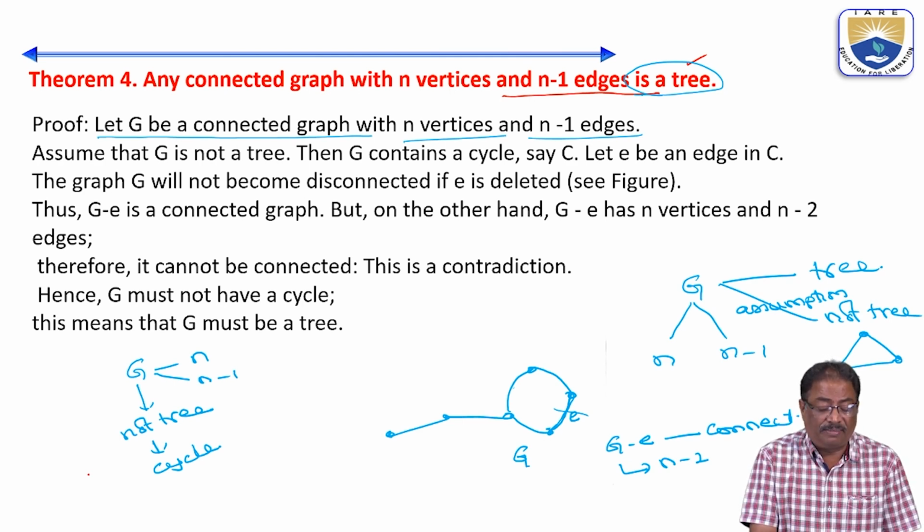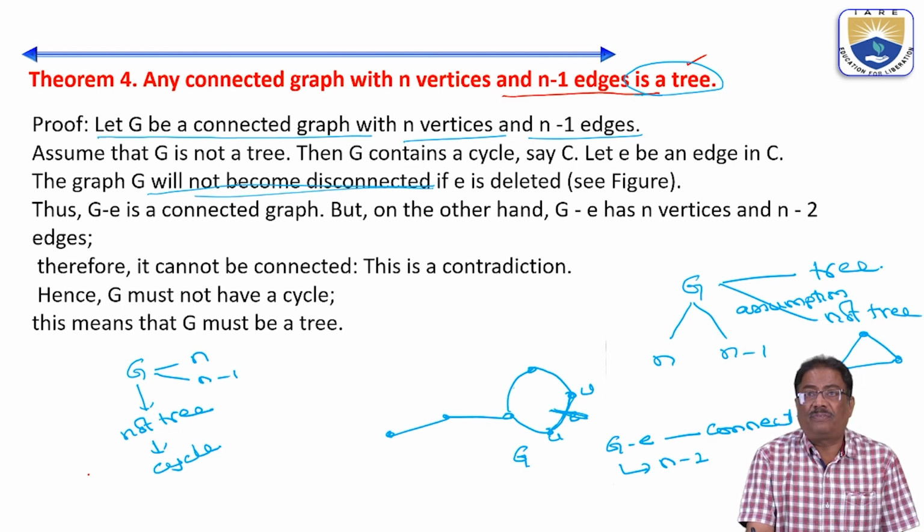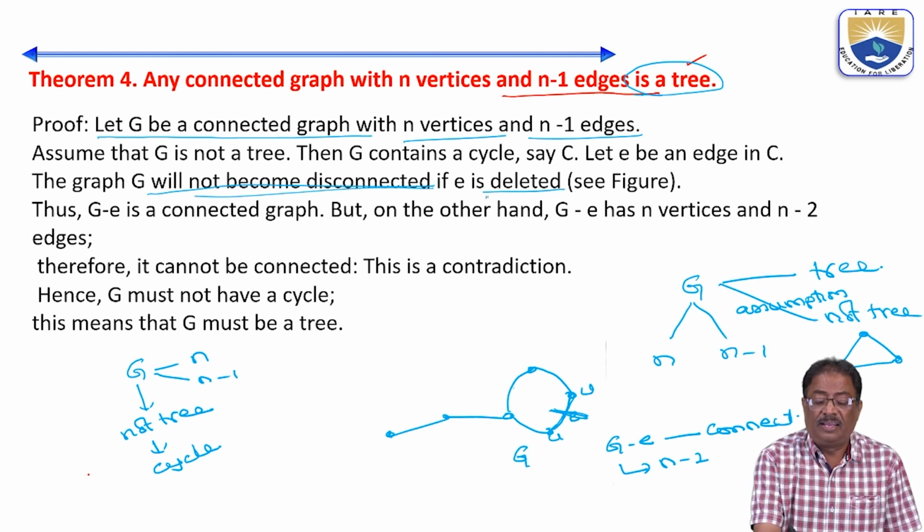So G will not become disconnected. If it is having a cycle, then if I remove any one edge between the vertices U and V, let us say, the graph will not become disconnected. The graph is not disconnected if E is removed.